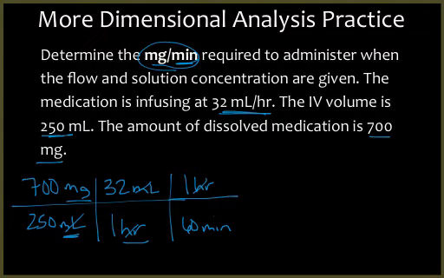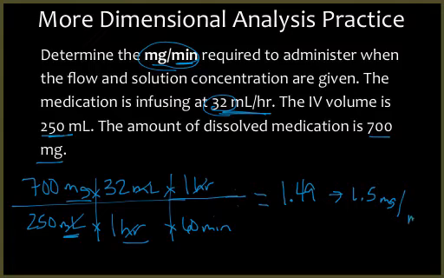So then once I do the calculation, again, multiply and divide here, I know that I'll end up with milligrams per minute. So when I calculate this, I end up with 1.49 milligrams per minute. If I look at my sig figs here, I'm going to round that to 2. So this gets rounded to 1.5 milligrams per minute.